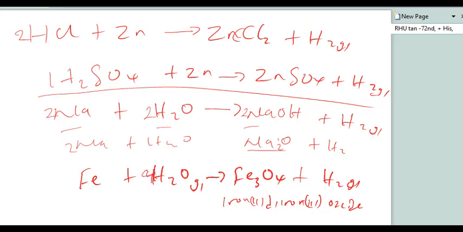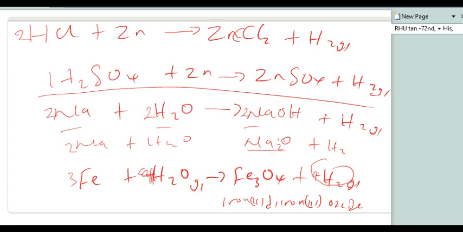So the moment we have 4 water there, we will have 4 hydrogen here too. Then iron is 3. So hydrogen is liberated when iron is heated red and steam is allowed to pass through it. Then we have hydrogen gas produced.